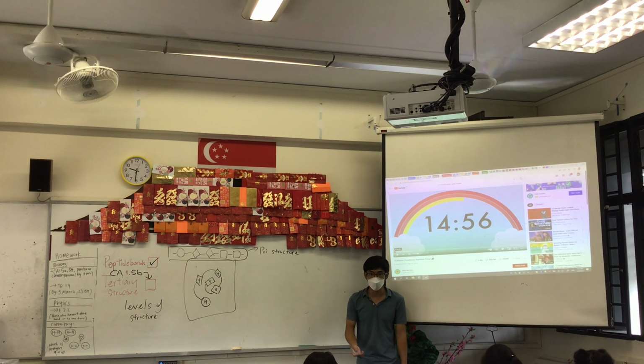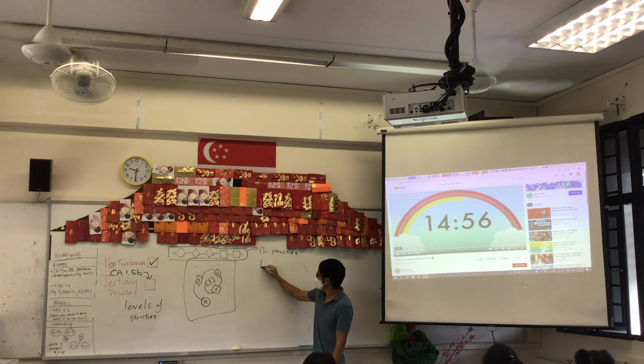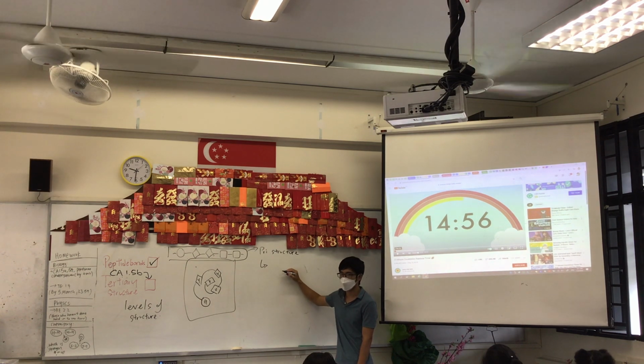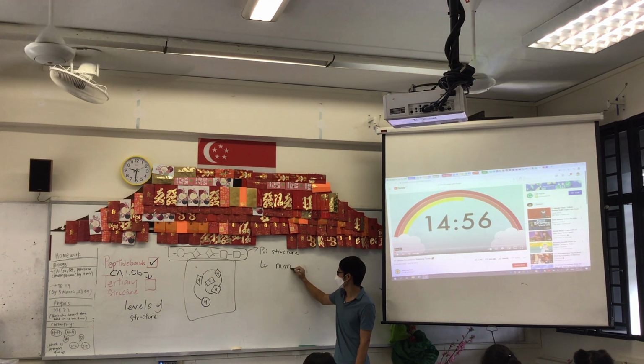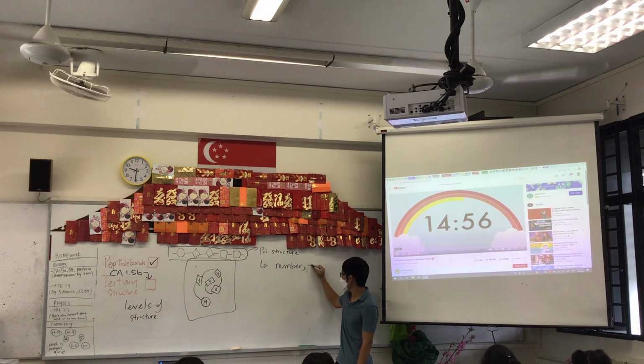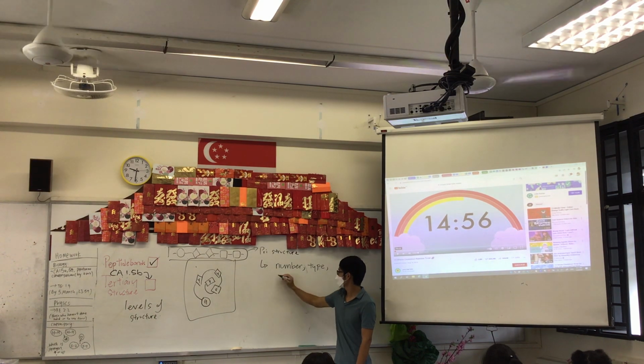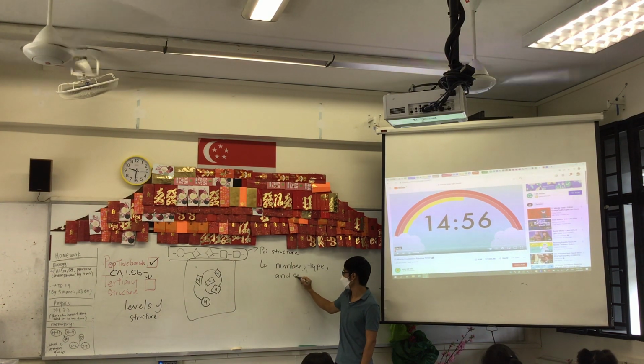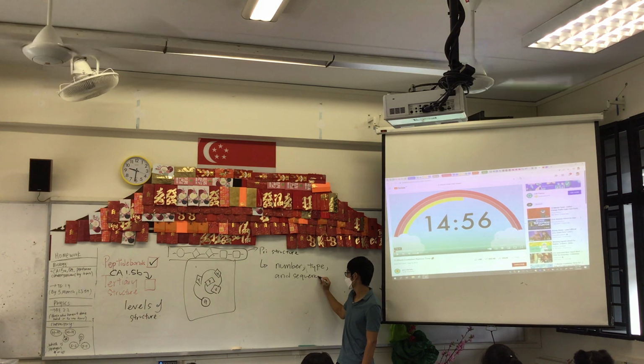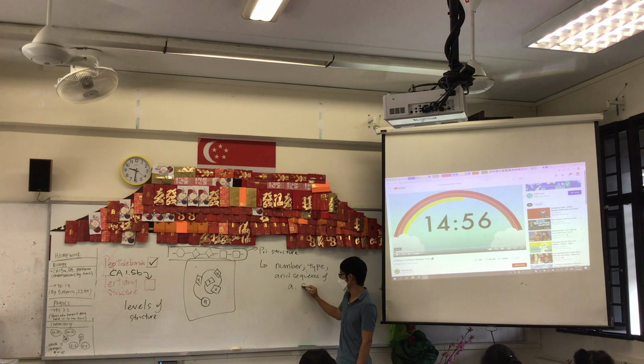Let me define a primary structure a little bit more. Primary structure refers to the number, type, and sequence of amino acids.